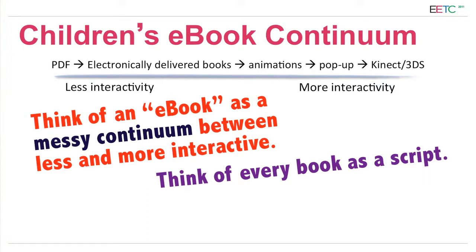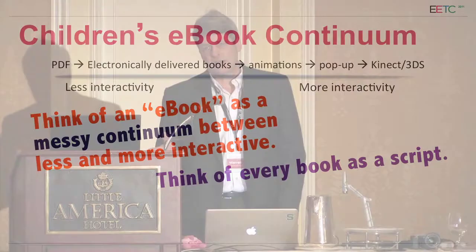Also, start to think of every book as a script. When J.K. Rowling sat down, think about her condition. She's a single mom, penniless. She's sitting in a cafe writing these words that would become multi-billion-dollar words. It's the most amazing story in the history of publishing. She wasn't writing a film.